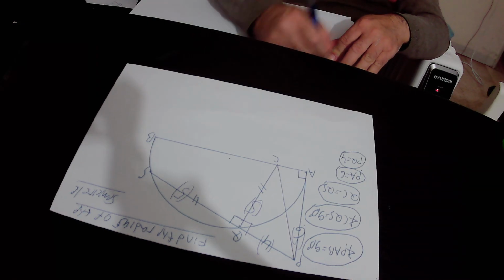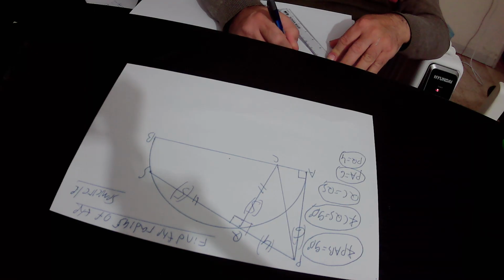PA equals 6 units according to what is given in the question. PC square equals 41.